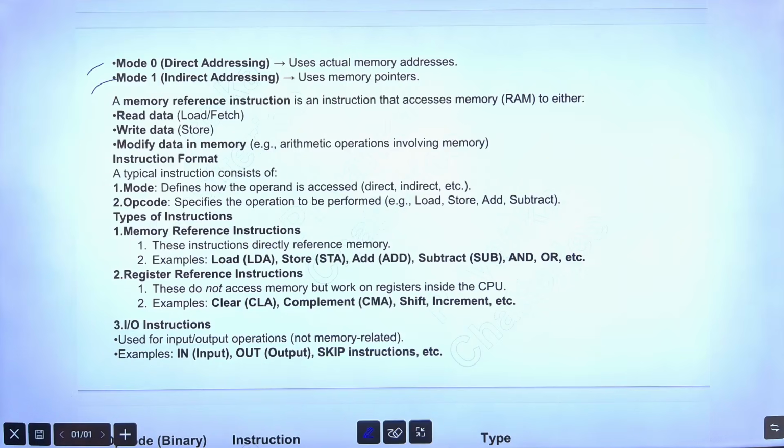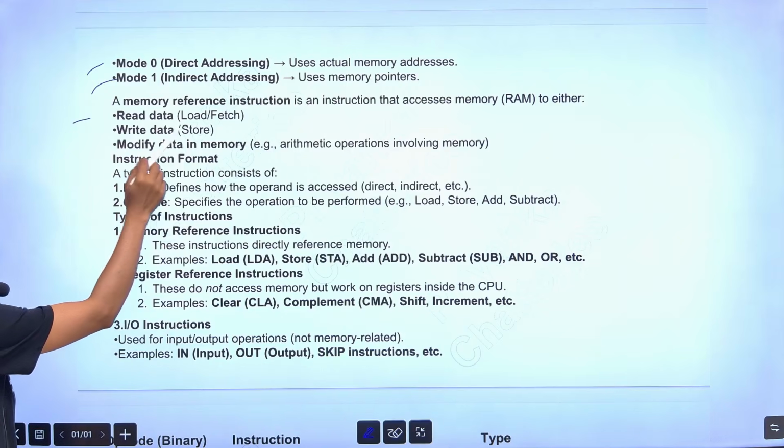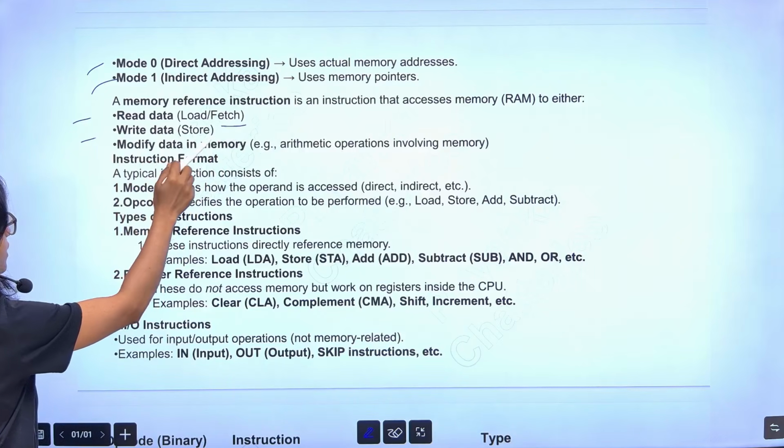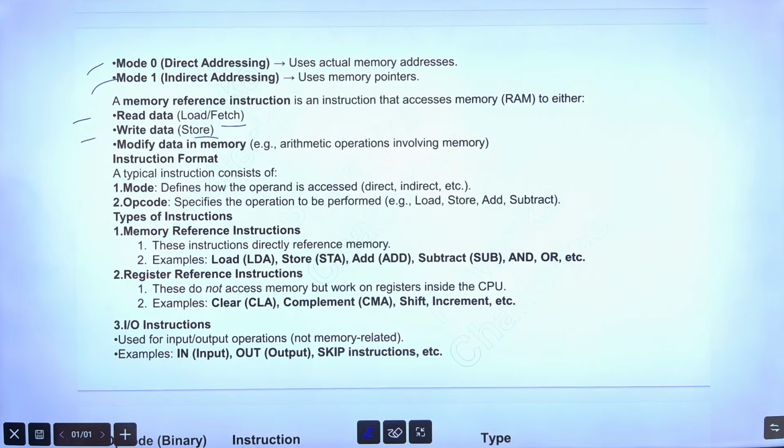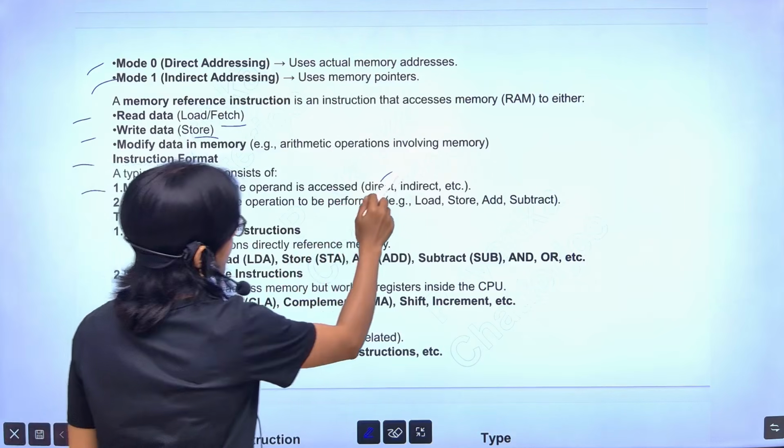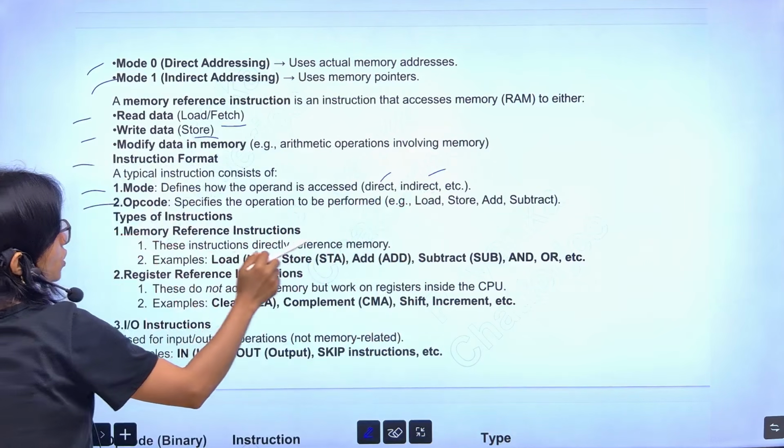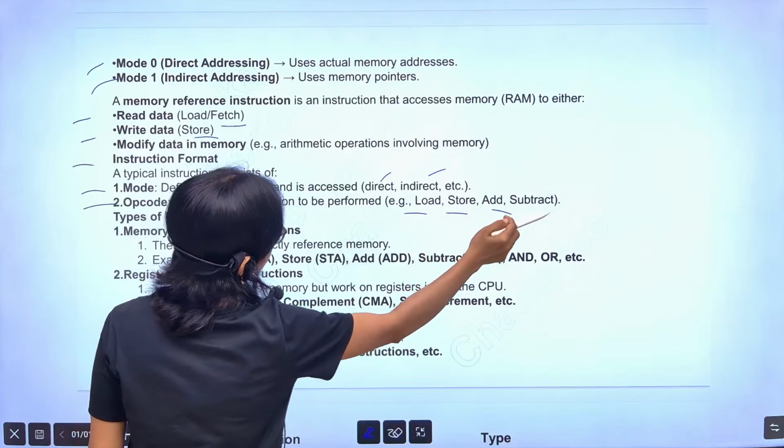Memory reference: when we read data, that is load or fetch, and write data means store. Modify data in the memory, like arithmetic operations involving memory. Then the instruction format: there are different types of mode, direct, indirect, and opcodes like load, store, add and subtract.